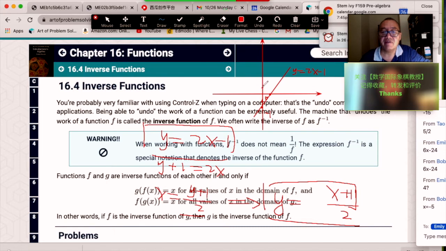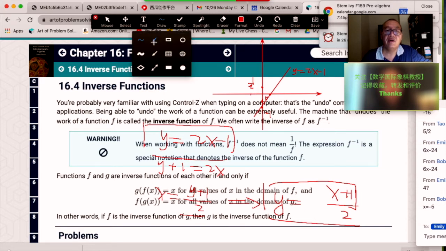Then when y equals 0, x equals negative 1. That point will be here. Then you can draw the graph of this function like this.